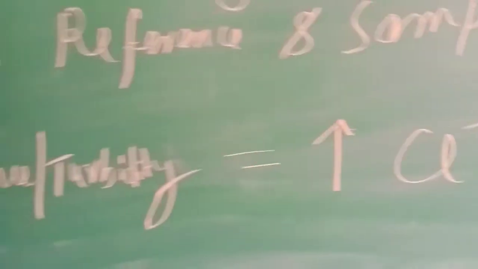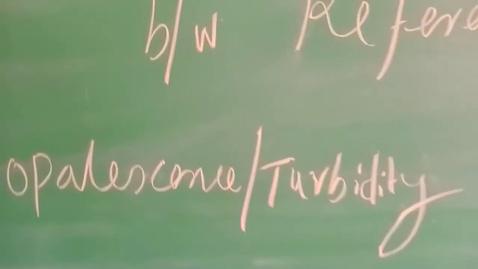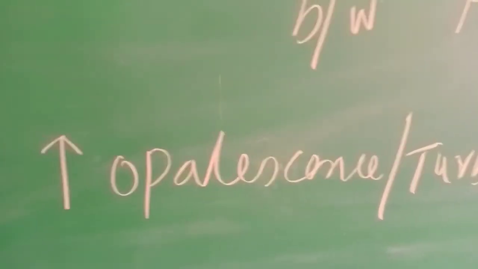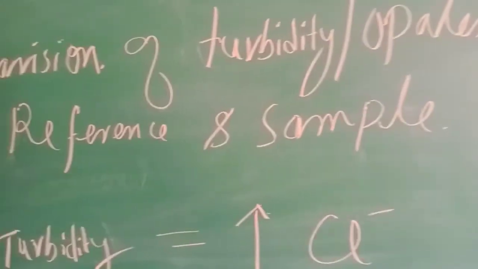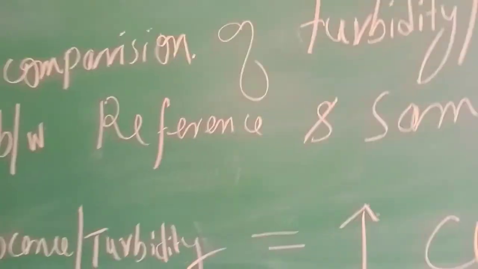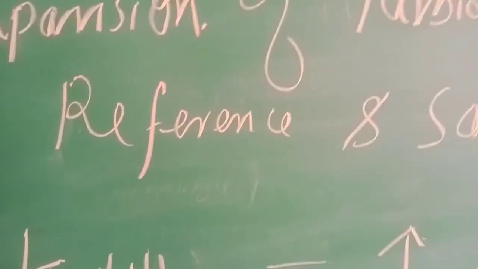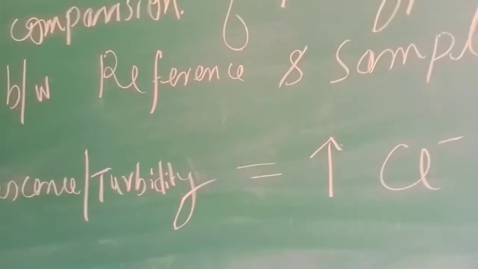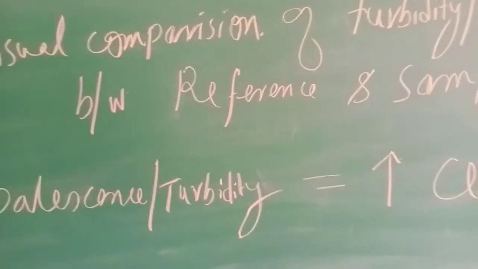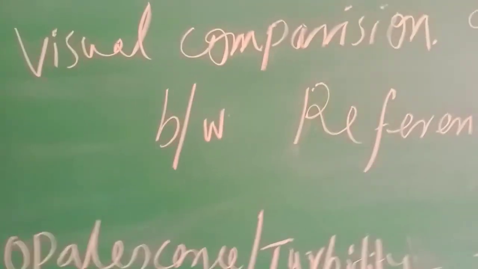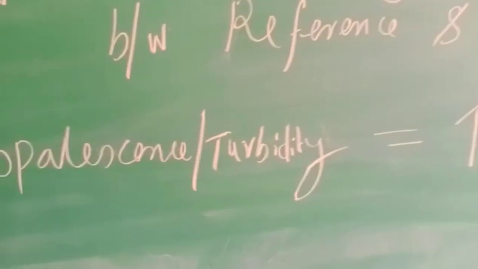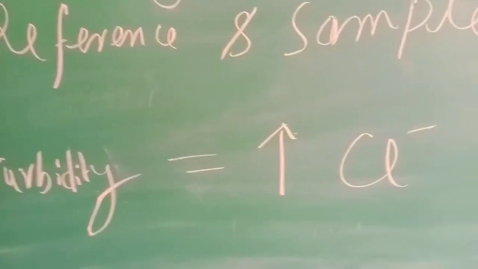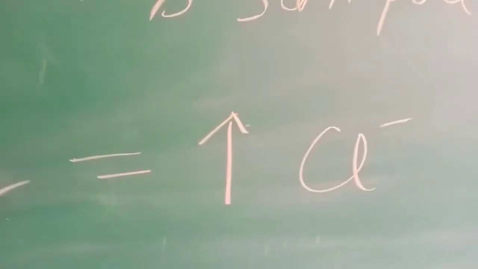So this is how we visually compare the sample with the reference or the standard, in order to determine whether the chloride is present well within a limit or whether the chloride is present beyond the limit.